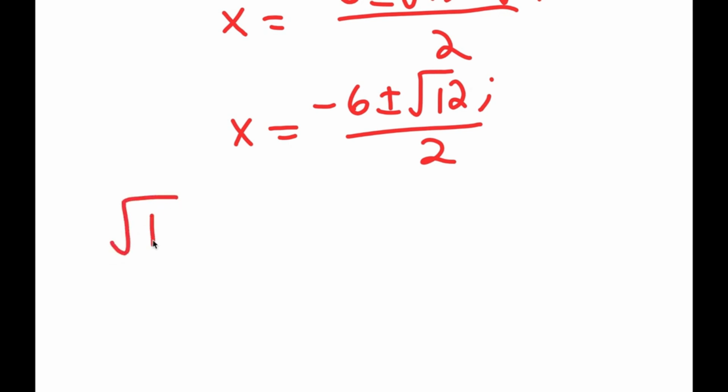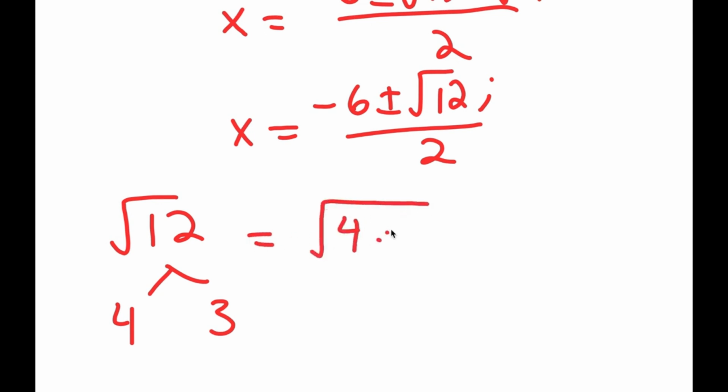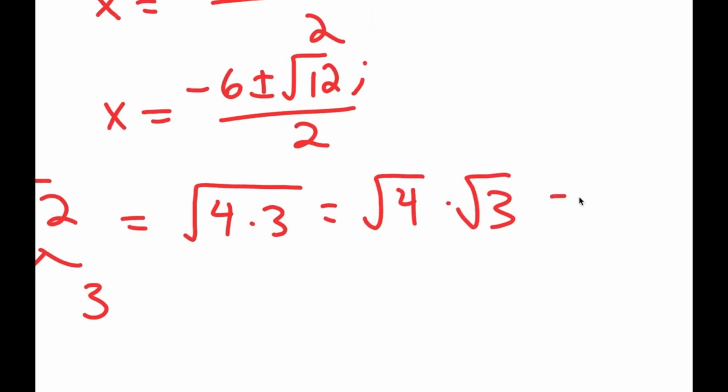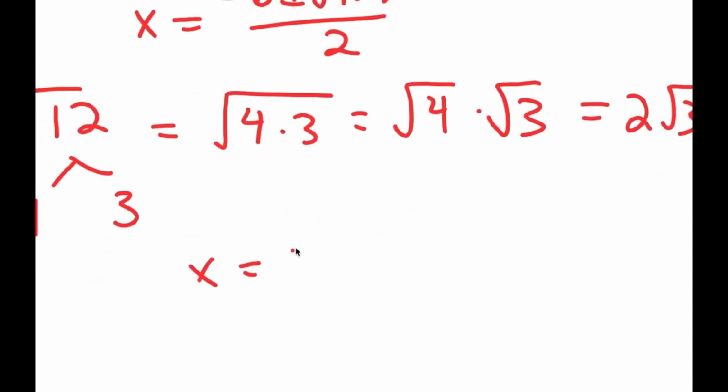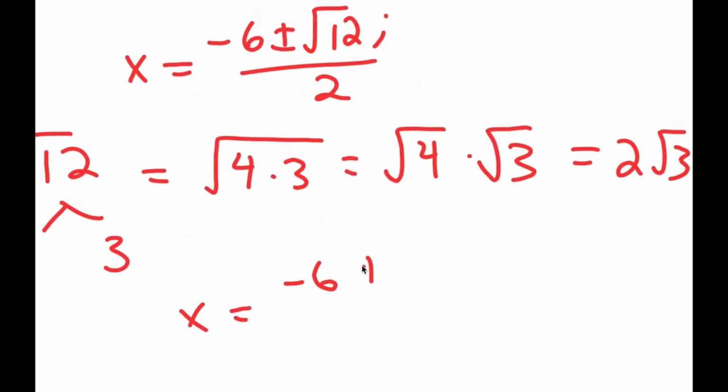Now the square root of 12 is the same thing as the square root of 4 times 3, which is equal to the square root of 4 times the square root of 3. The square root of 4 is 2. This is equal to 2 root 3. So I get x is equal to 6 plus or minus 2 root 3 i over 2.